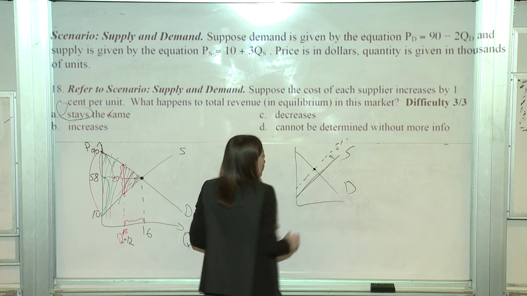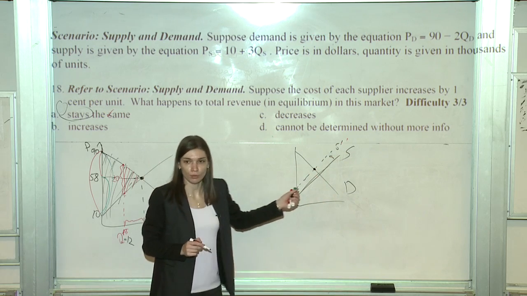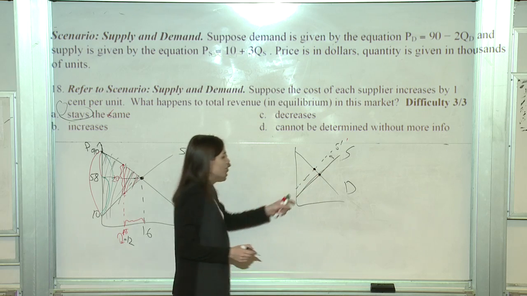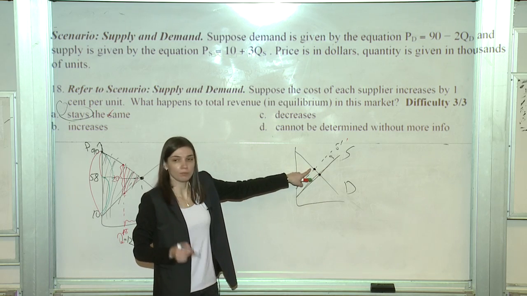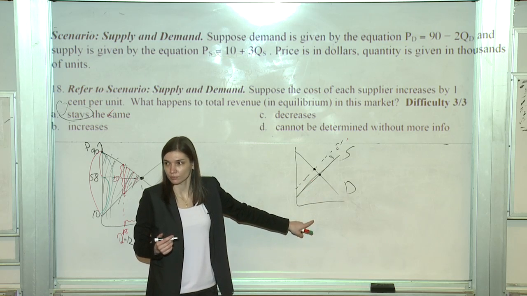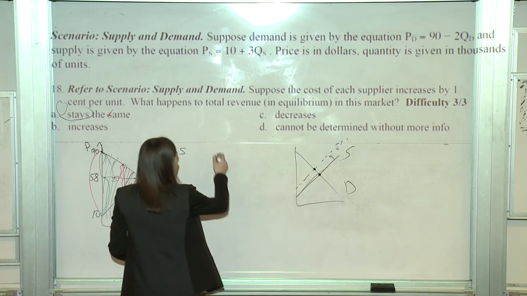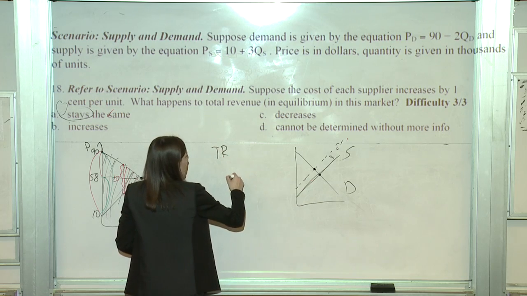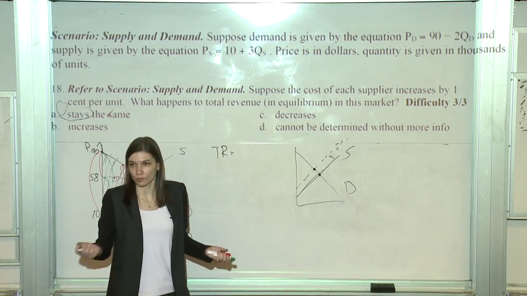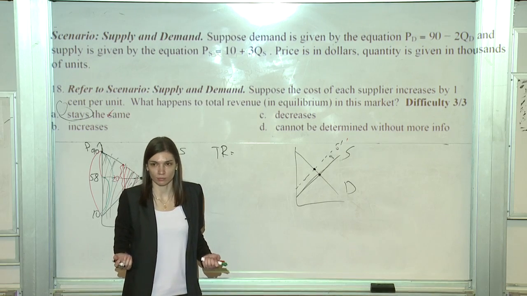What we have is a new equilibrium. This was the original equilibrium. This would be the new equilibrium. In that new equilibrium, the price is higher, but the quantity is lower. You see that. So total revenue, well, total revenue in general for suppliers is price times quantity.